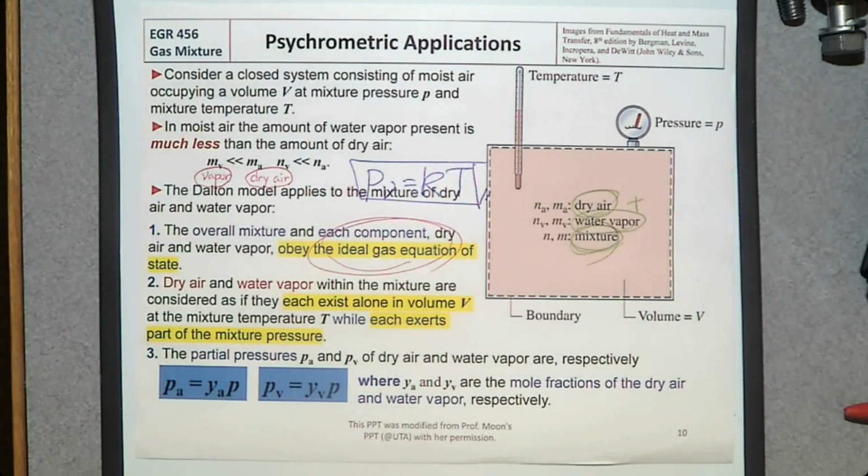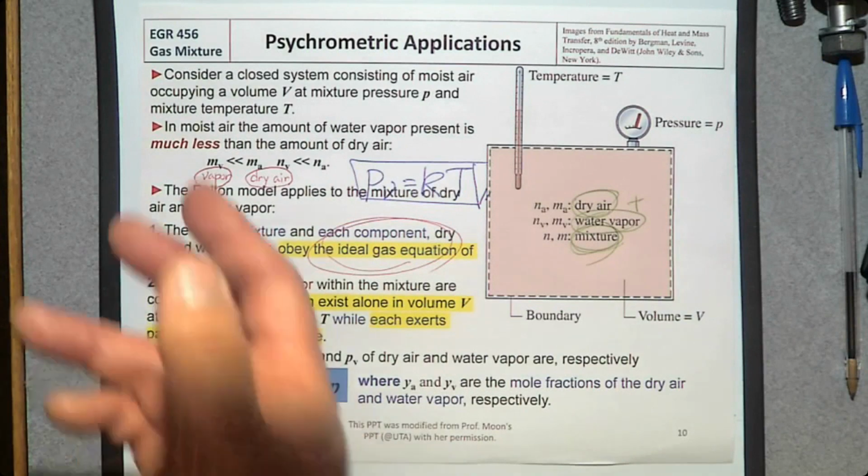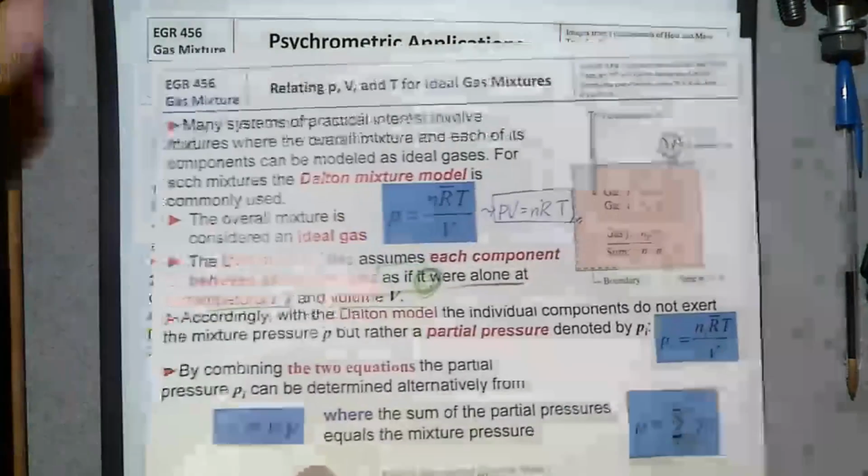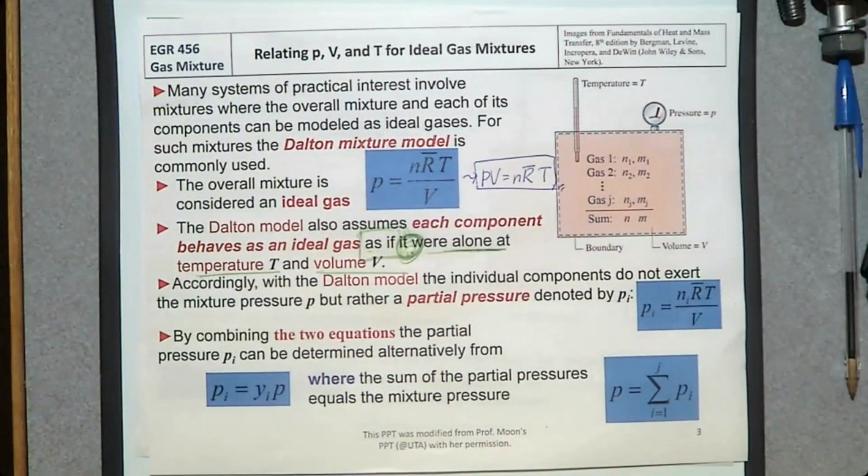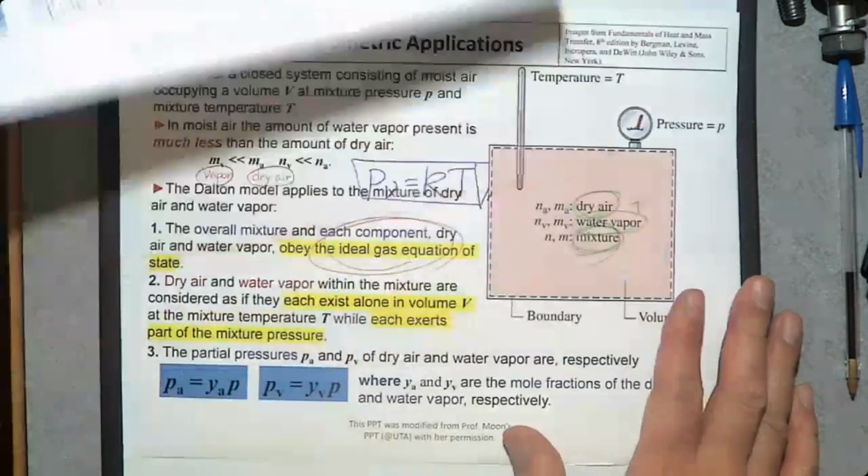And when you have a mixture, you may remember, when we use the ideal gas equation for a mixture, we assume that each component, each gas, behaves as an ideal gas, as if each is alone at temperature T and volume V. So we are going to apply the same rule.